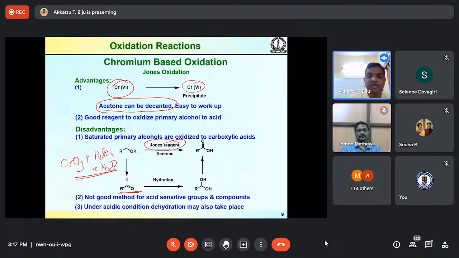In the presence of an acid and water, the acid can coordinate with the aldehyde, making it more reactive, and the water can undergo a nucleophilic attack on the aldehyde, forming the acetal derivative. And this acetal can be easily oxidized.